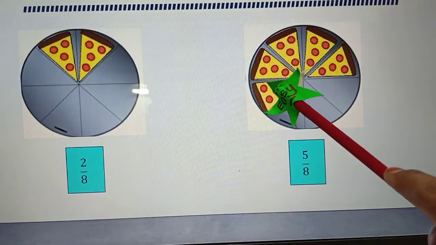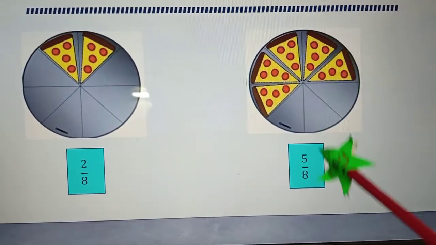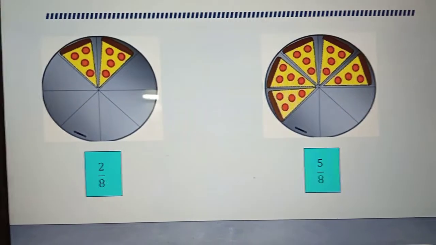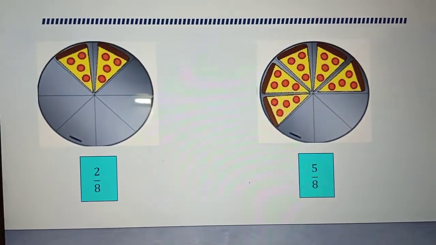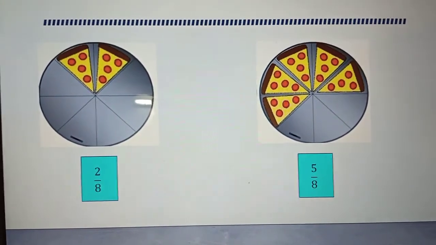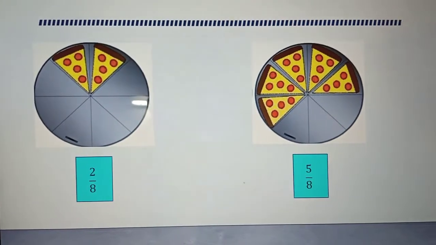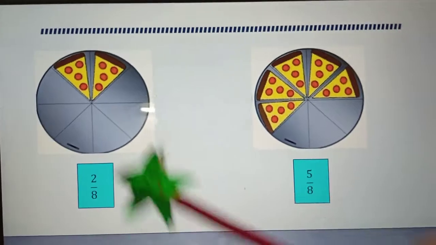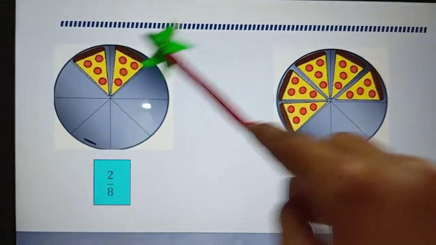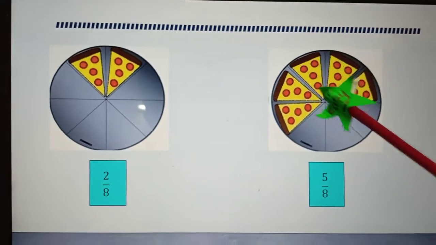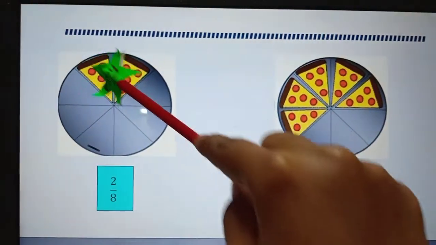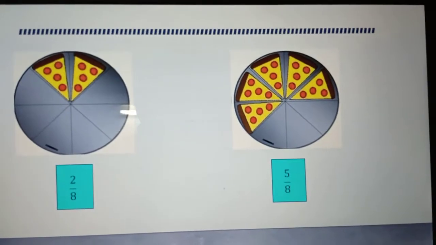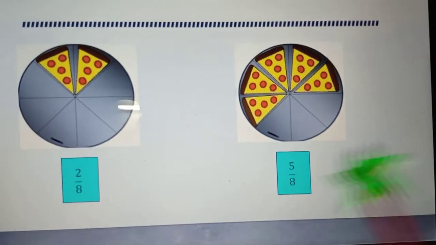Here it is 2/8. Here 1, 2, 3, 4, 5. How many left? 5, right? 5/8. Now we want to compare whether 2/8 is smaller than 5/8 or 2/8 is larger than 5/8. If you see the picture, you will know which one is larger, which one is smaller, which one is less, which one is more.